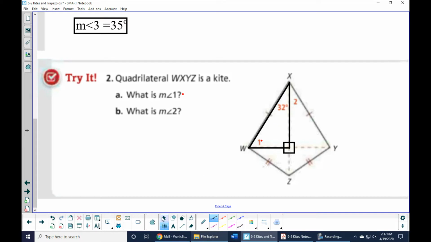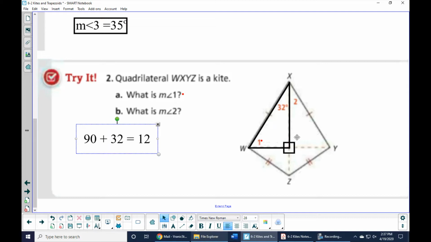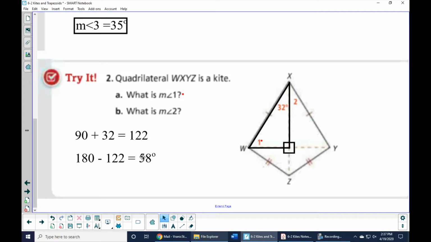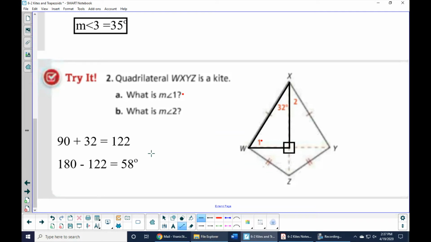So we're going to take 90 plus 32, because we have 90 degrees, we have 32 degrees, that equals 122 degrees. And then to find the missing angle, 180 minus 122, that comes out to equal 58 degrees. And that's going to be our answer for part A.